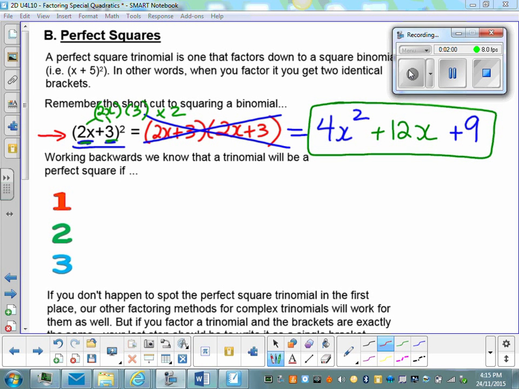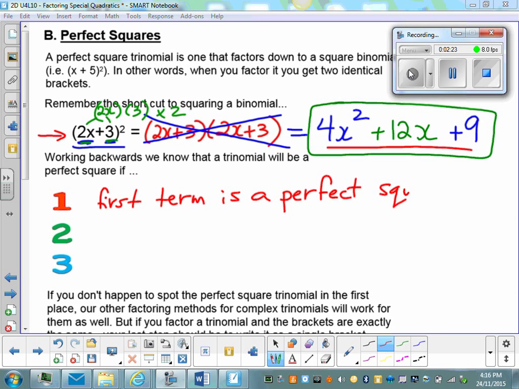So we know, if we're working backwards and trying to factor something like this, we know that a trinomial is a perfect square. So this is a perfect square trinomial here. We know that it's a perfect square if the first term is a perfect square.